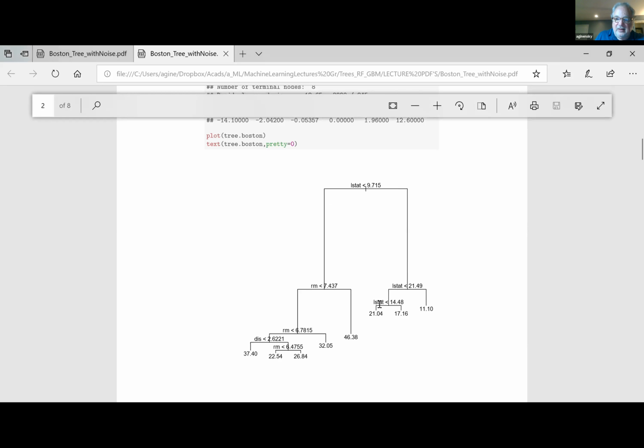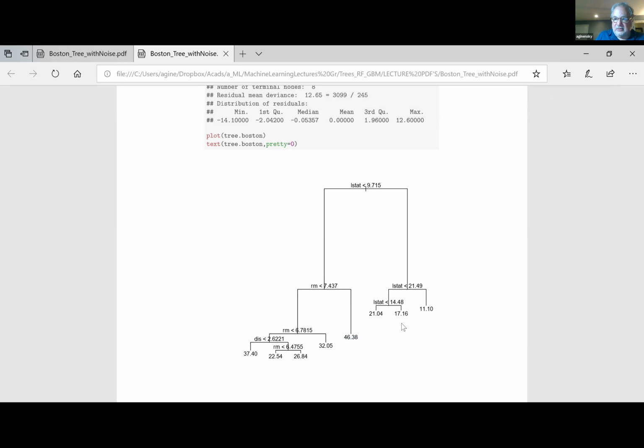Now, what happens when you get to these bottoms, the leaves? For anything that fits into this category, you predict the average value, or the mean, of all the data points in that set. So if you ran something new down the tree and it had LSTAT less than 9.175, but rooms greater than 7.437, you would predict 46.38, or $46,380 for the value of that house.